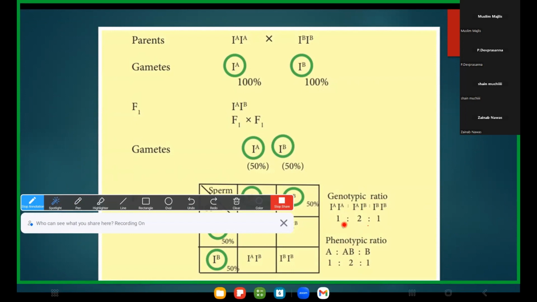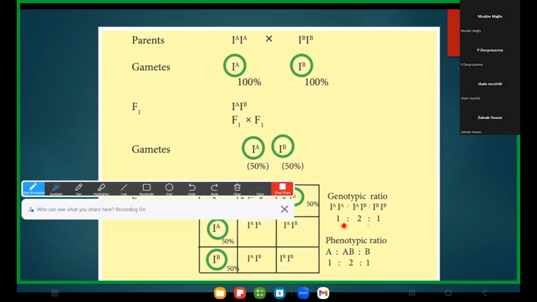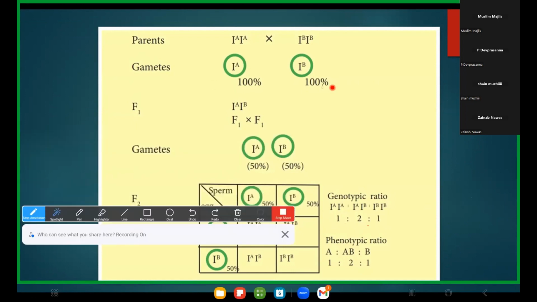Why? Because this is the parental generation where we have IAIA and IBIB, and they would produce gametes IA and IB, and these would form the F1 generation, IAIB. So this would be a heterozygous state showing blood group type AB.